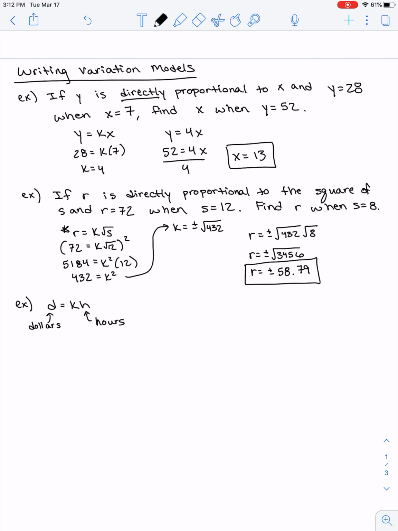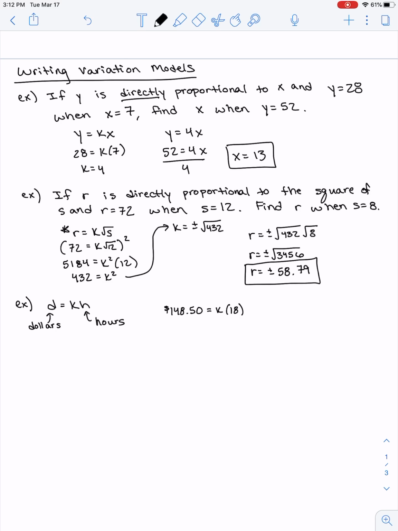So if in her last paycheck she earned $148.50, and she worked 18 hours, so this is equal to k times 18 hours. Figure out what the variation model is.